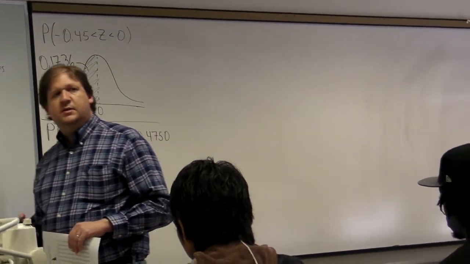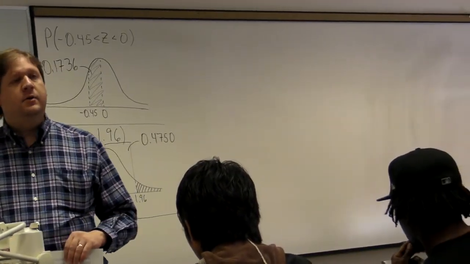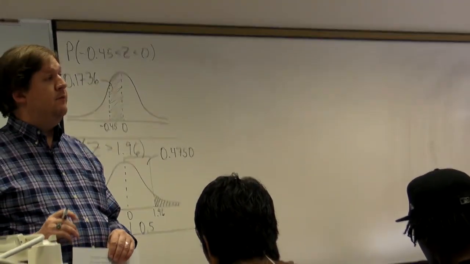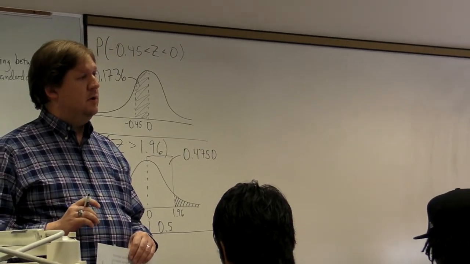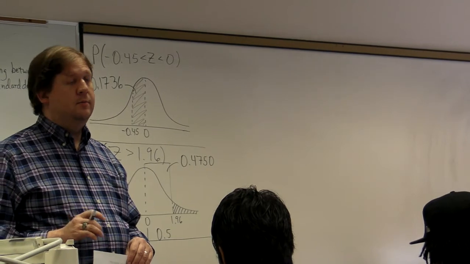But the way we can have this information help us is, again, if I go back to symmetrical, I know that you're equally likely to be above or below the mean. Part of being symmetrical means that you're equally likely to be above or below the mean.